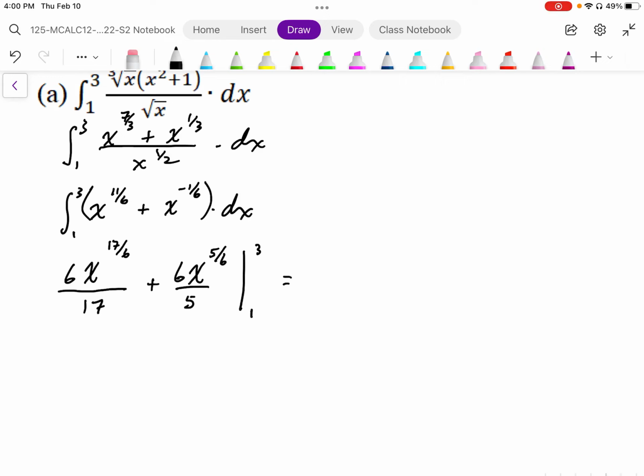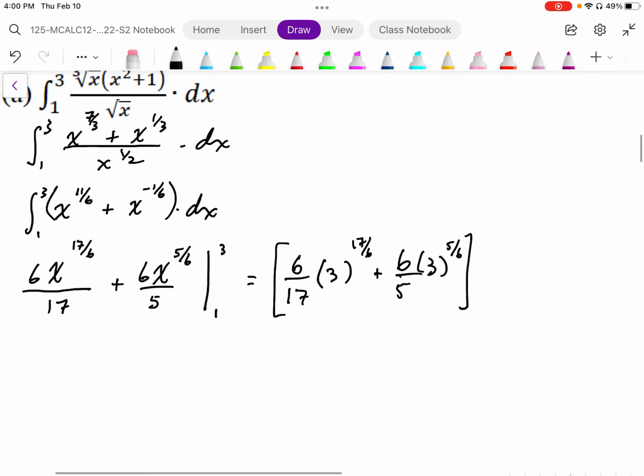Plugging in the bounds here, I'm going to write this in: 6/17 times 3 to the power 17/6, plus 6/5 times 3 to the power 5/6. That's going to be the first part of that, minus, plugging in x equals 1, I get 6/17 plus 6/5.